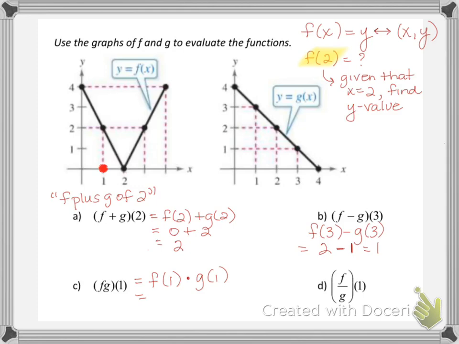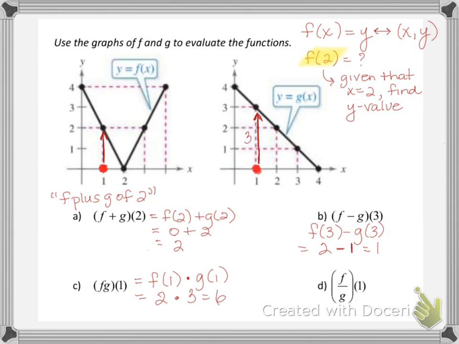And again, I have to go up 2 units. I'm going to go to the 1 on the g function. And what do I need to do? I need to go up 3 units. So 2 times 3 is 6.